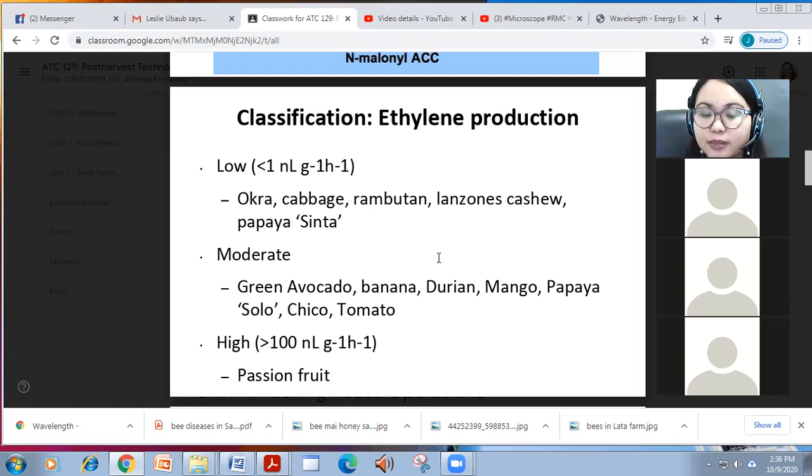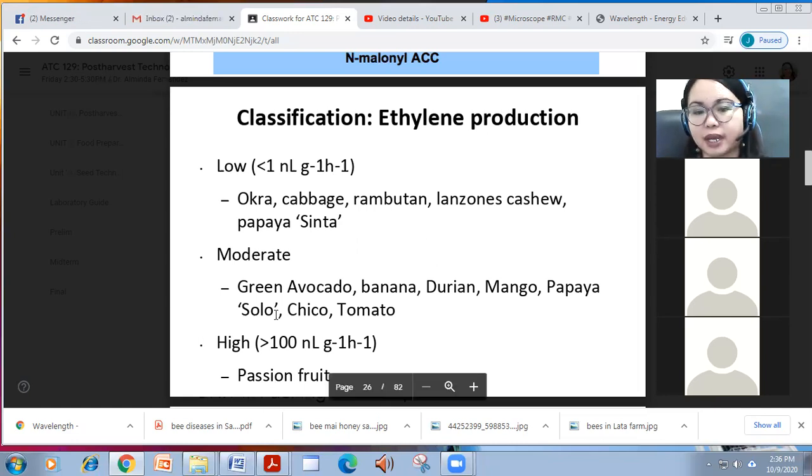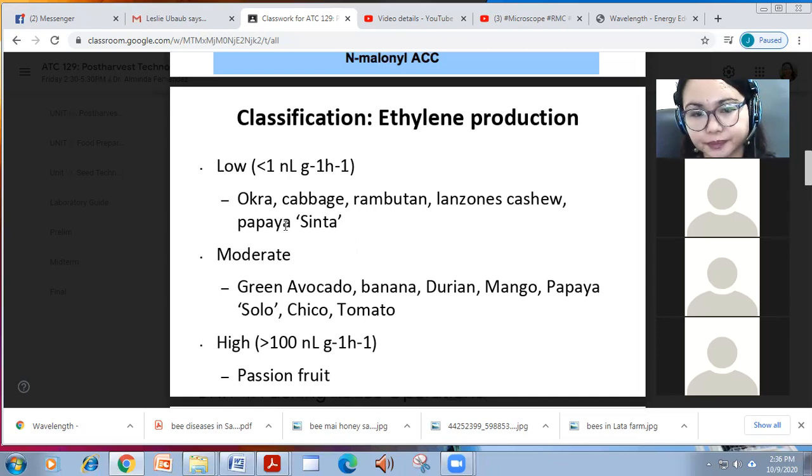Otherwise, if you harvest durian before it is ripe, it will not be sweet and will not ripen well. Unlike mango, which is climacteric, as well as papaya. Even if you harvest it green, later on its ethylene will still increase and it will just ripen through time.